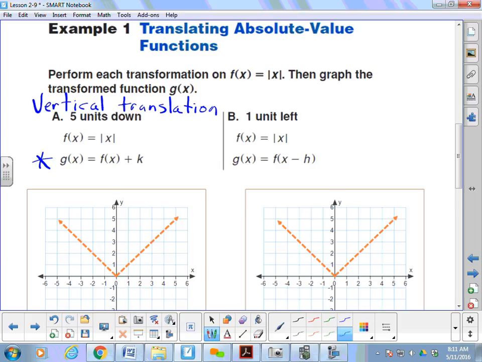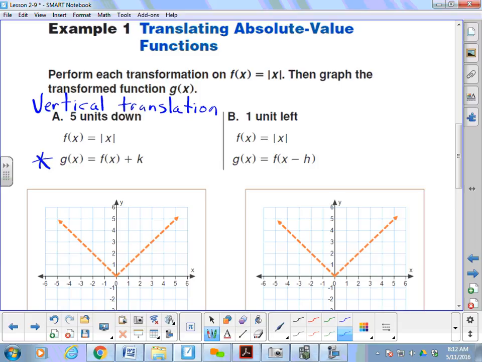We're going to take the function f of x and add or subtract some number to it. In this case, since we're going 5 units down, the value of k is going to be negative 5.